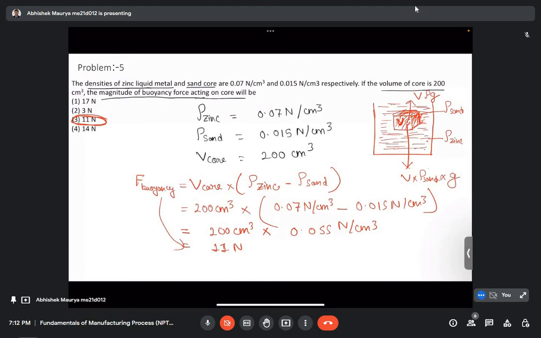Okay, it seems I am clear to everyone, so let's start looking at the next question. Please read the question, try to understand, and try to solve it by yourself, and give your response in the polling section. Meanwhile, I will create the poll, and after that we will solve it together.